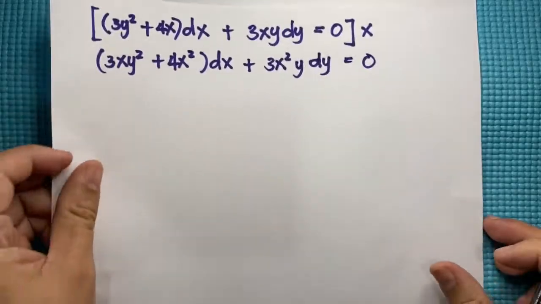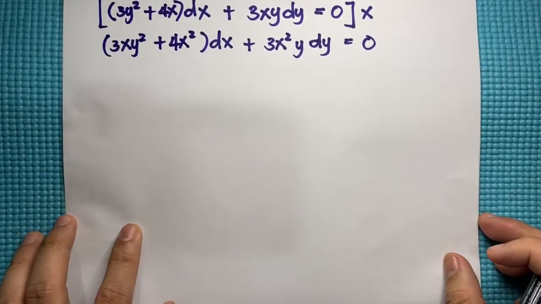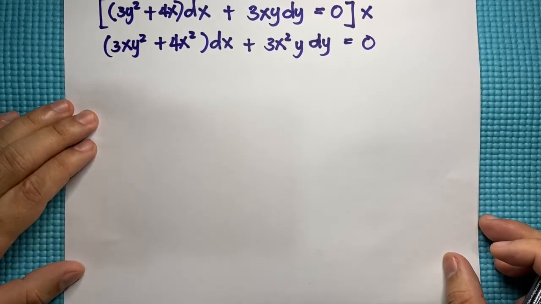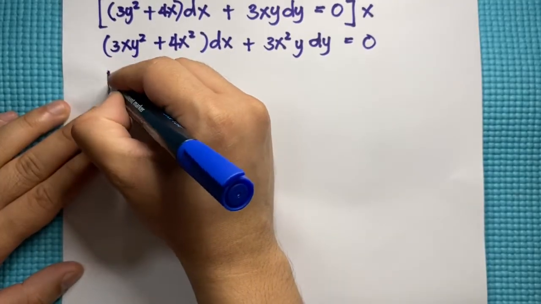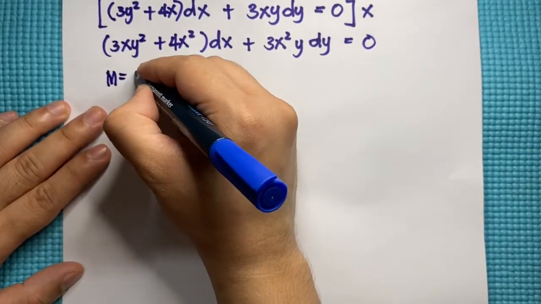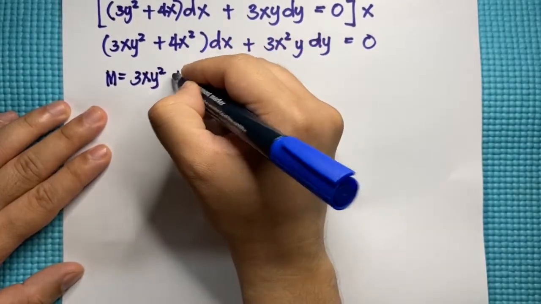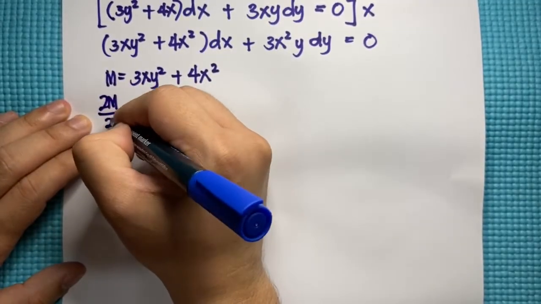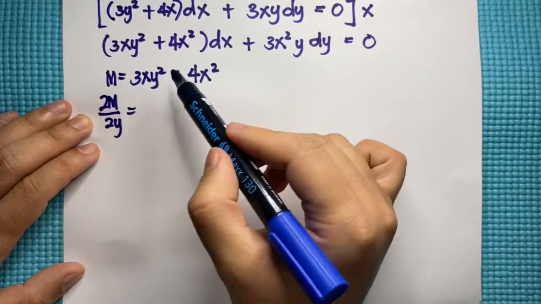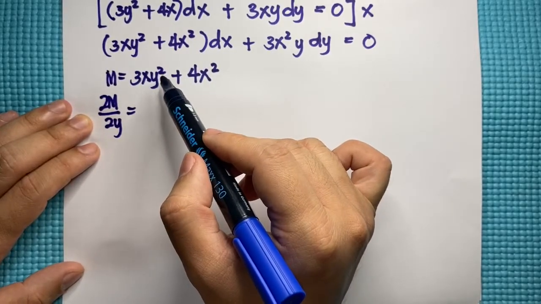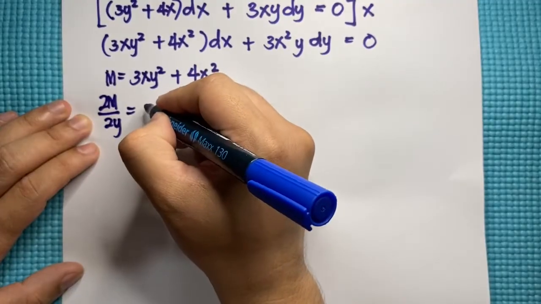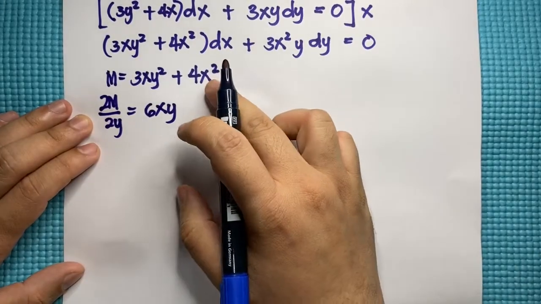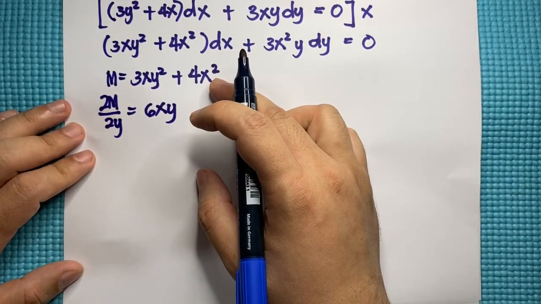Now that we multiplied the integrating factor, this time around, this should be an exact equation. To check that, we will be finding the partial derivatives again. M is 3xy squared plus 4x squared, and the partial derivative of M with respect to y: 3x is constant, the derivative of y squared is 2y, so giving us 6x times y. For 4x squared, x squared is constant, making it 0.